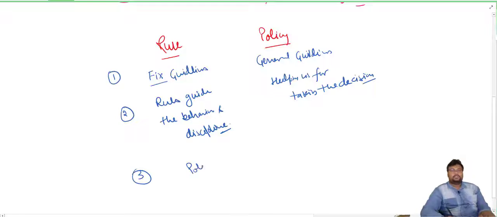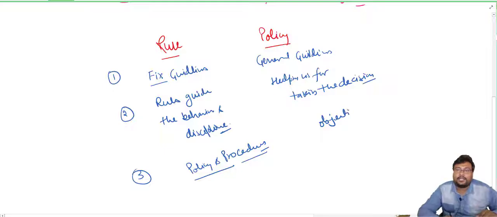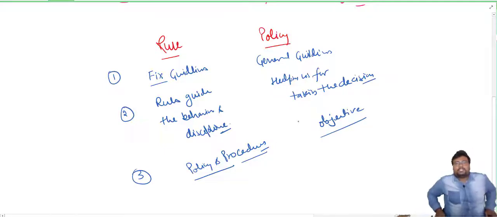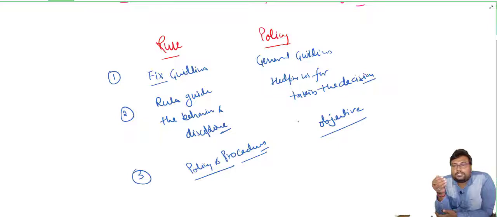Okay? So rules are based on policy and procedure, and policies are based on objective. According to the objective we are creating our policy. Our objective can differ from one organization to another, from one situation to another. That's why policies also differ from one situation to another.